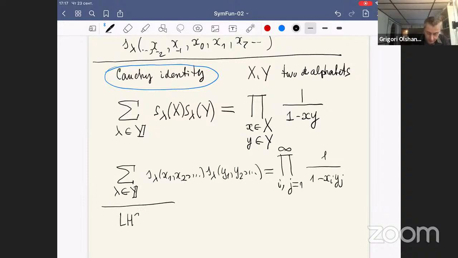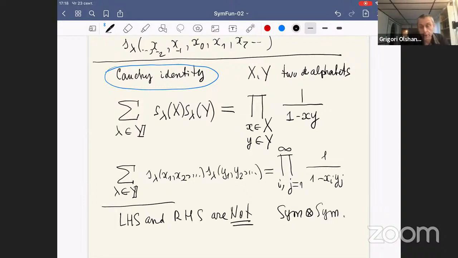The left-hand side and the right-hand side are not elements of this algebra. Why? Because in the algebra of symmetric functions, all elements are of bounded degree by the very definition. But here, there is no restriction on the degree. So how to understand this equality?